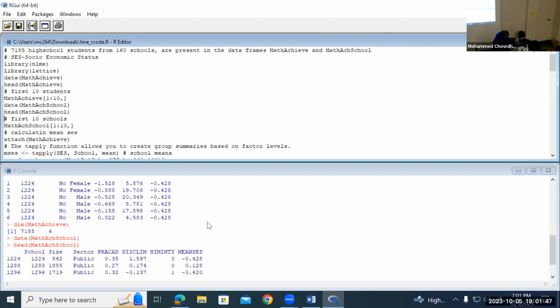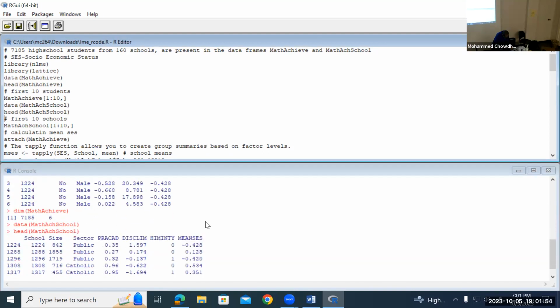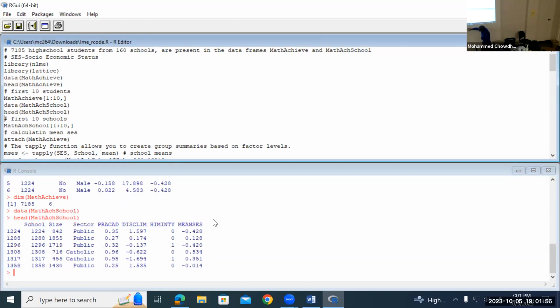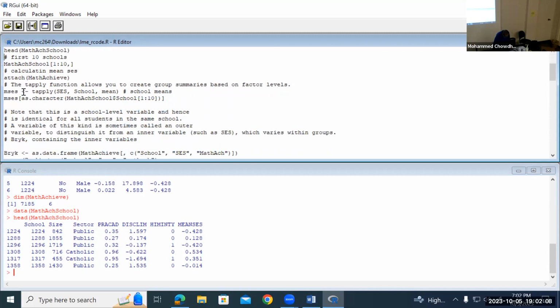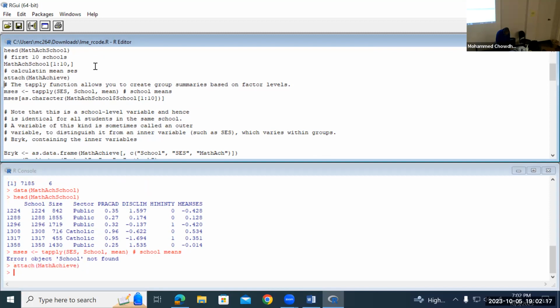One is math achieve and the other is math achieve school. These are two different data. Are you seeing that here we have public and Catholic school, and there are also other variables? We have to combine these two data to make one data. You have to attach these things.